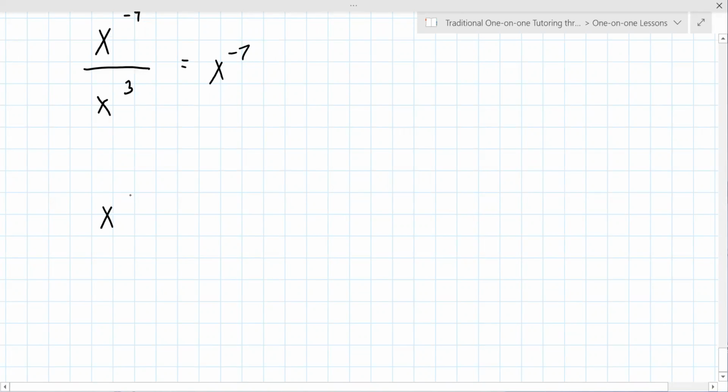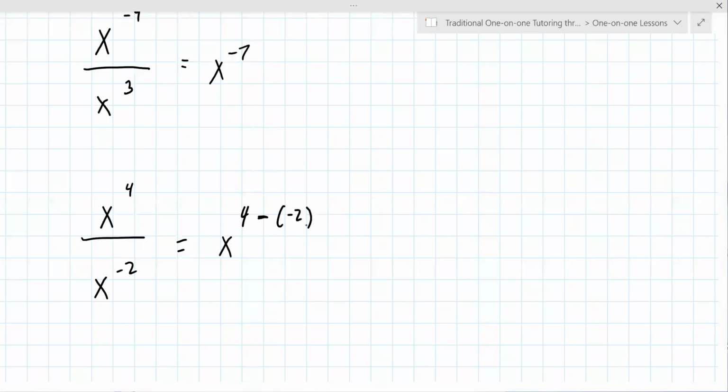Let's try another one here. Now, this one's the more difficult one. Let's say it's x^4 over x to the -2. So this is 4 minus, and what's the bottom number? -2. So these two negatives change it to a positive.